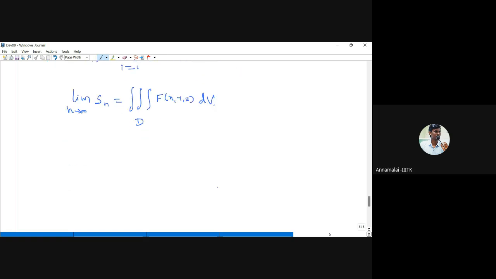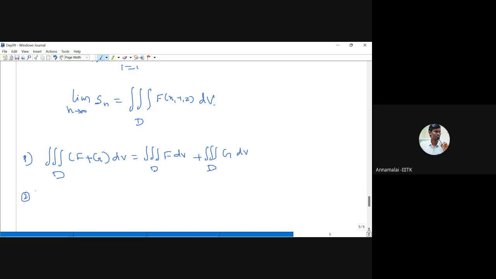Similarly, the same properties hold. Suppose you have two functions f and g, the triple integral of the sum is the sum of the triple integrals. So the triple integral of f plus g over the domain D dV is the triple integral of f over D dV plus the triple integral of g over D dV.